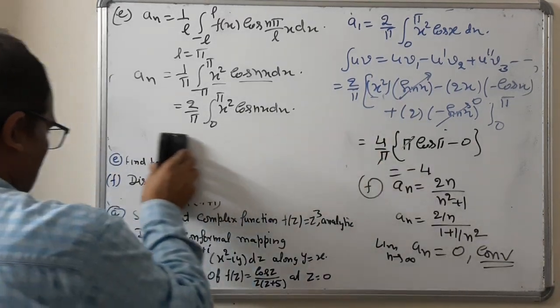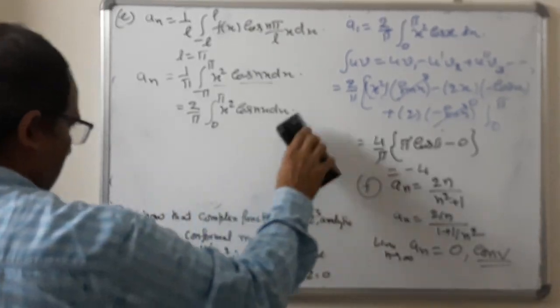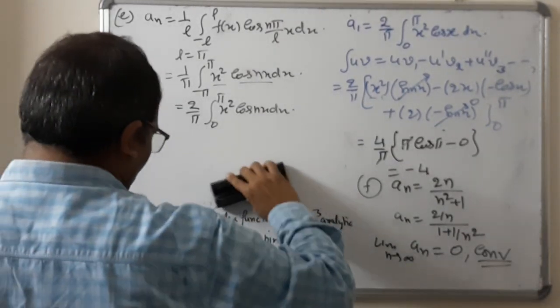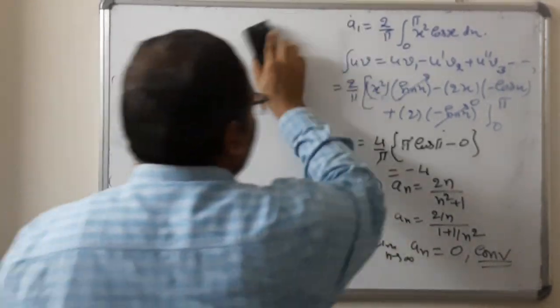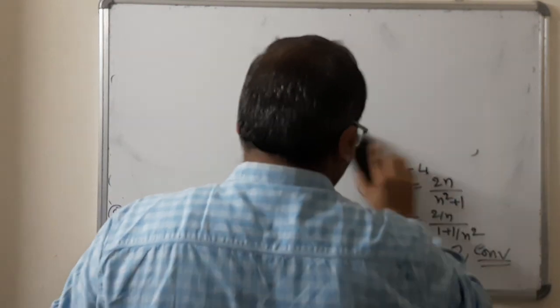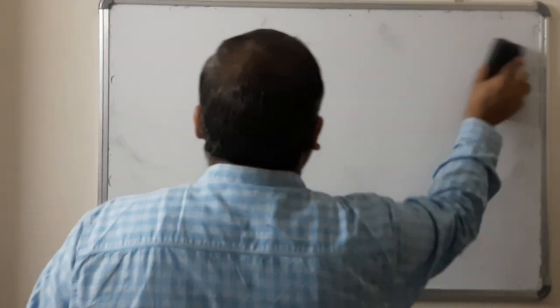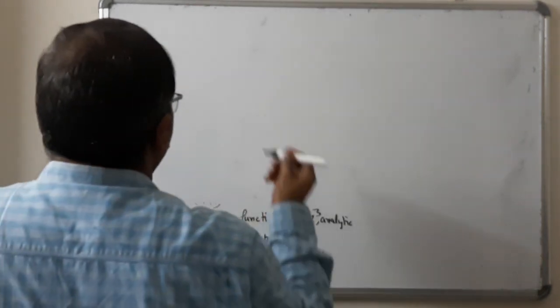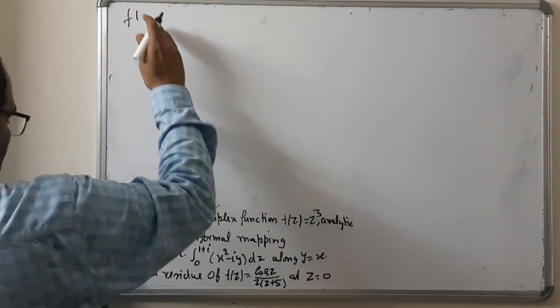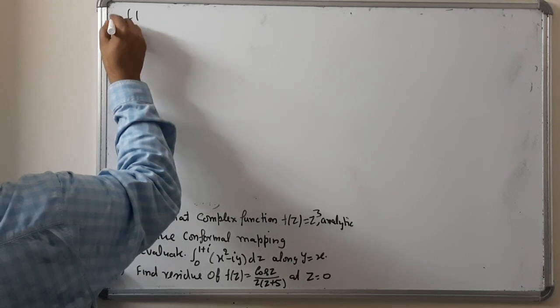Up to this we solved this one. Now come to this one. Show that the complex function f of z equal to z cube is an analytic function. I have to prove that the given function is analytic. So take f of z equal to z cube, this is the part g.